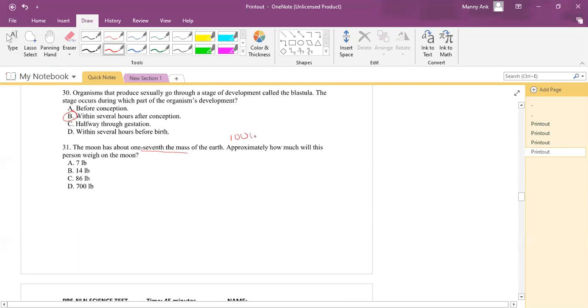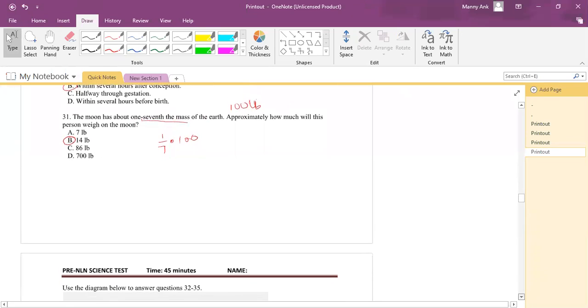The person weighs 100 pounds, right? It was correct on the Google form. So 100 pounds is the weight on the Earth. If the weight is 1/7 that of the Earth, then on the moon the person's weight is 1/7 times 100 pounds. That should give us approximately 14 pounds on the moon.